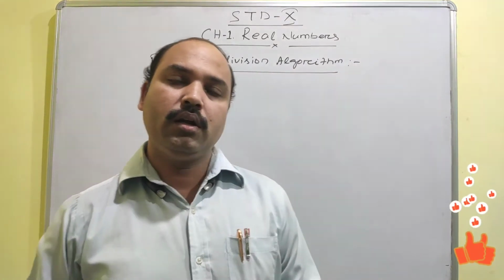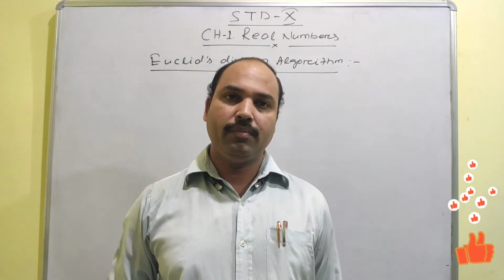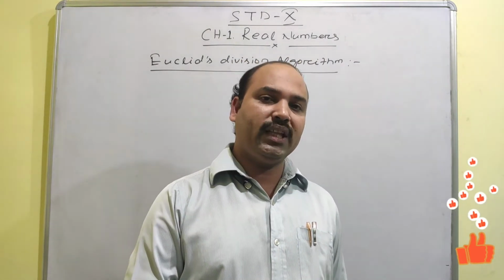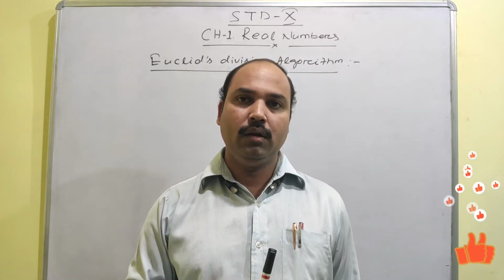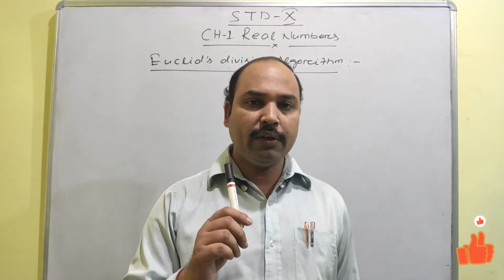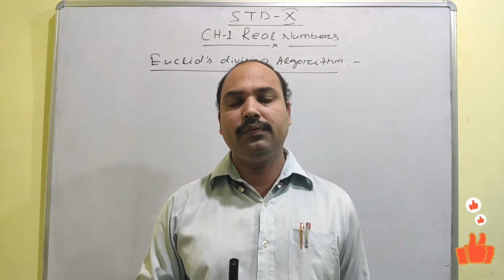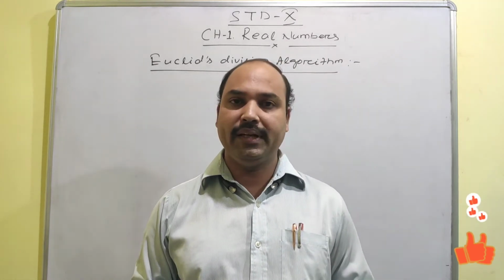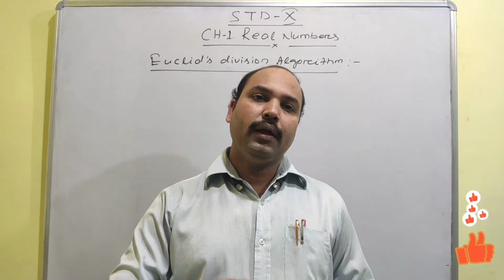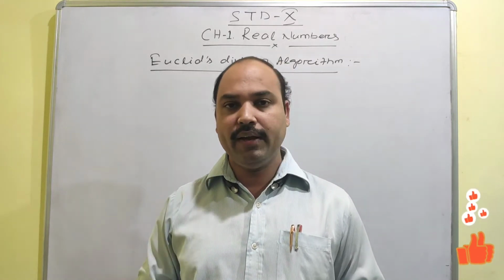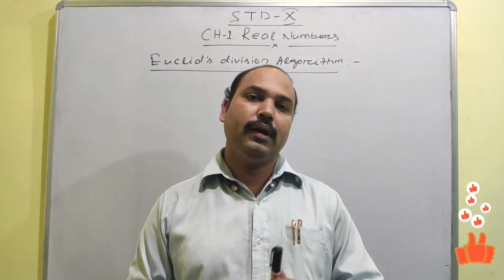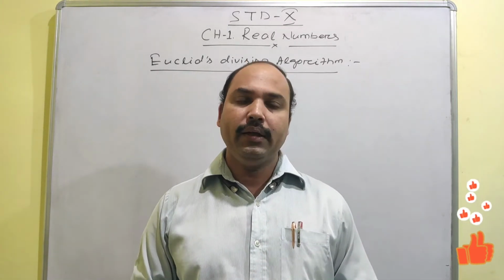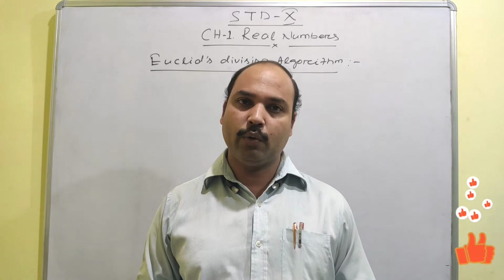Then what is called Euclid's division algorithm? The Euclid division algorithm is a technique to compute the highest common factor. Highest common factor means what? The HCF of two given positive integers. When any two positive integers are given and we have to find their HCF, then we will apply the Euclid division algorithm.